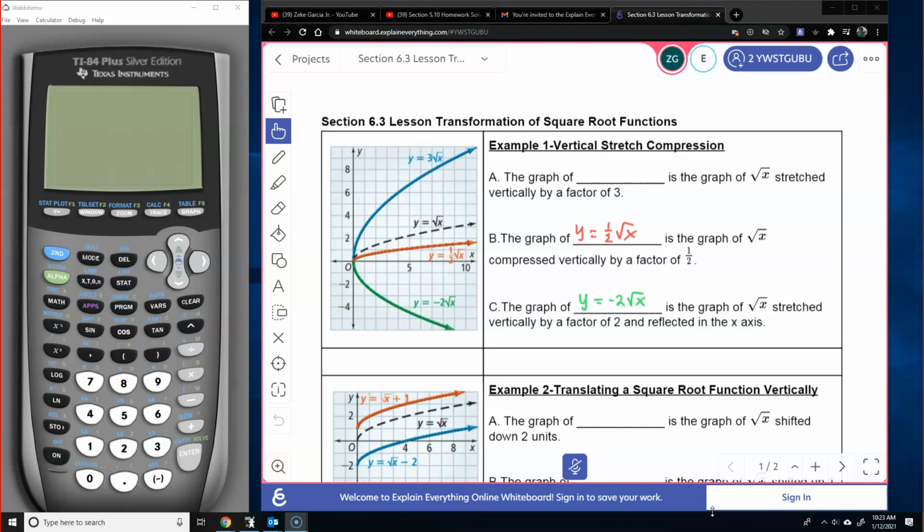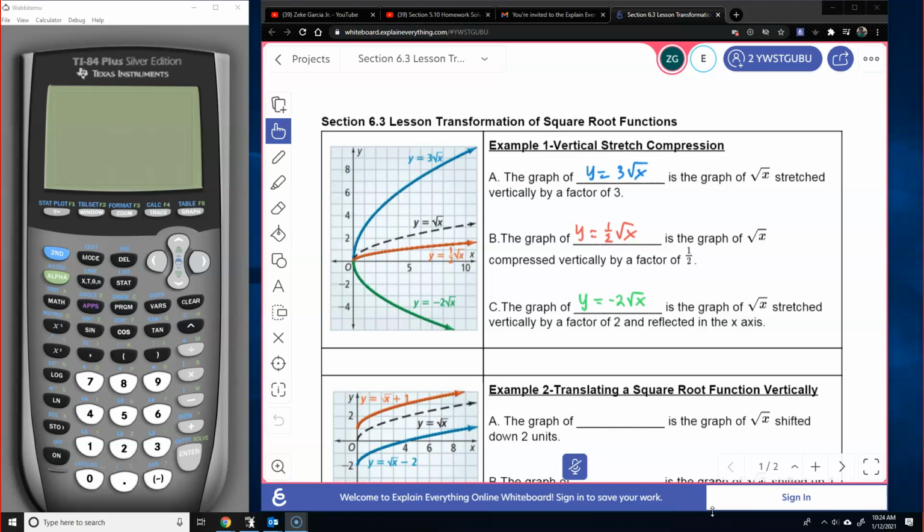And the one that is stretched vertically, and you can tell it's stretched vertically, it's kind of going up, is y equals 3 square root of x. So basically, the number that's in front of the square root is going to affect whether it stretches or it compresses, okay?